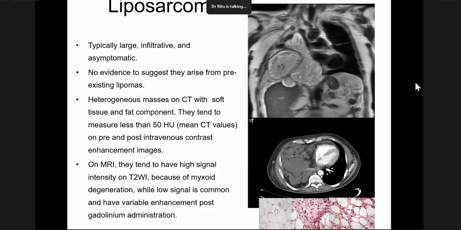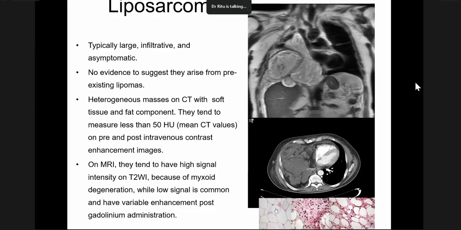There are 7 different subtypes of liposarcoma, starting from well differentiated to poorly differentiated to myxomatous liposarcomas. And depending on what type of liposarcoma it is, the solid component will vary.